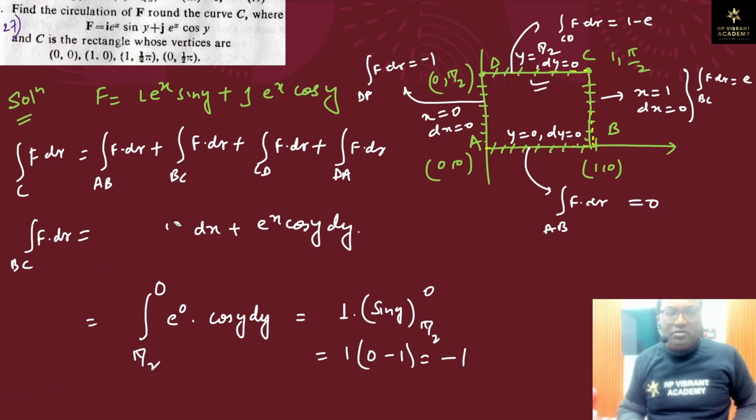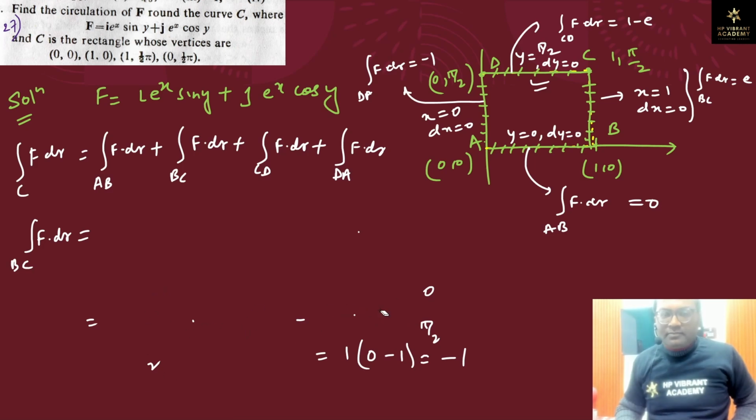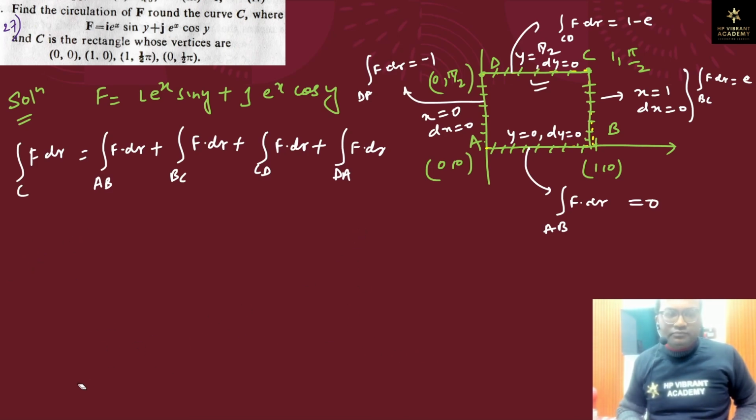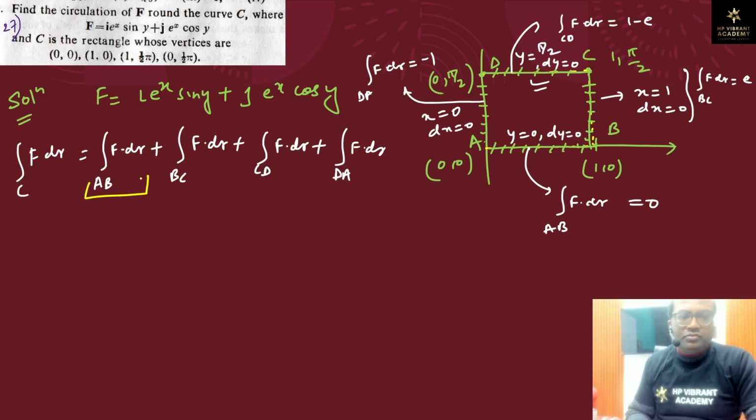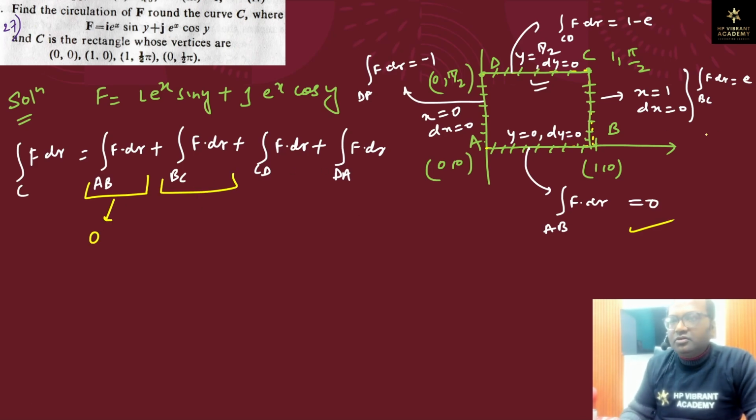So now let us add all this. So value along AB, AB is 0. The value of this is 0. Along BC we have this as e.